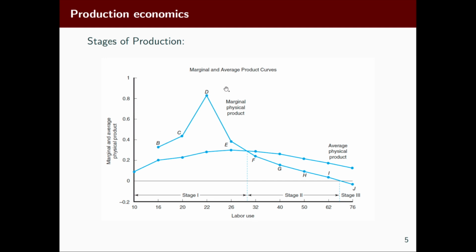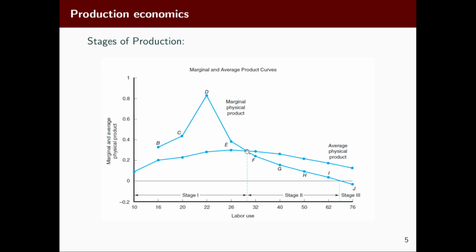But the relationship between MPP and APP turns out to be very important. It defines the 3 stages of production. Stage 1 of production is when our MPP is greater than APP. Marginal physical product being greater than the average physical product is this area here. As long as MPP is greater, we say we are in stage 1 of production.